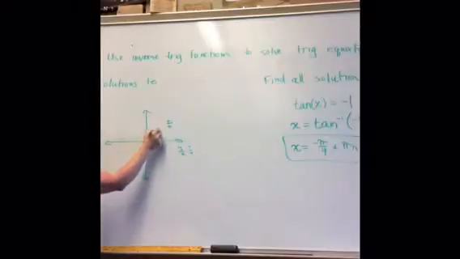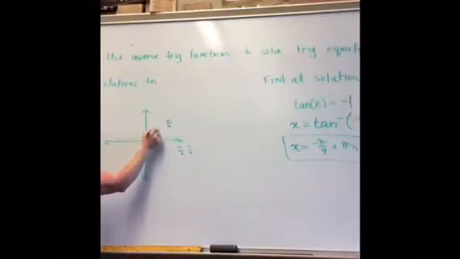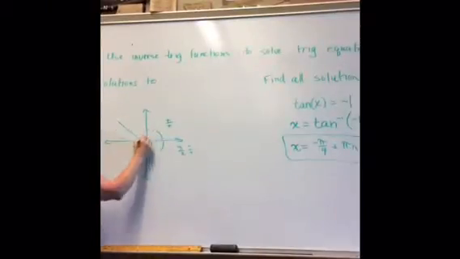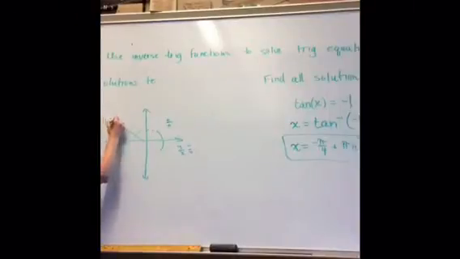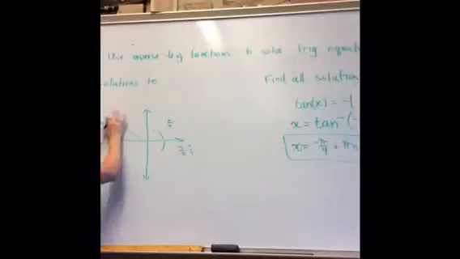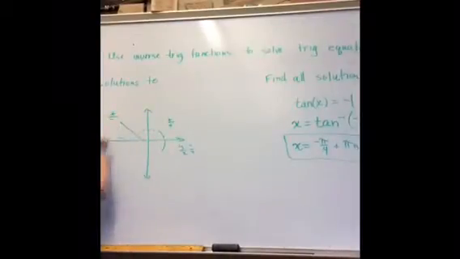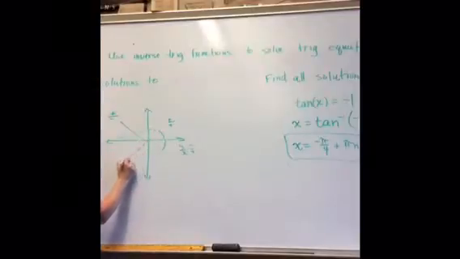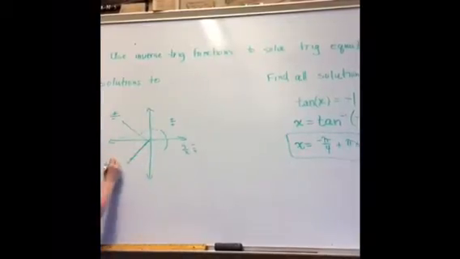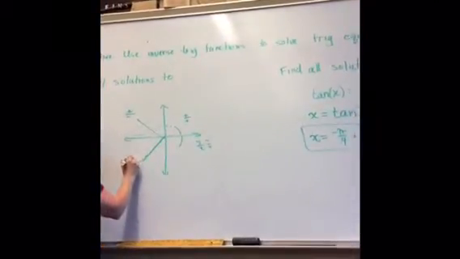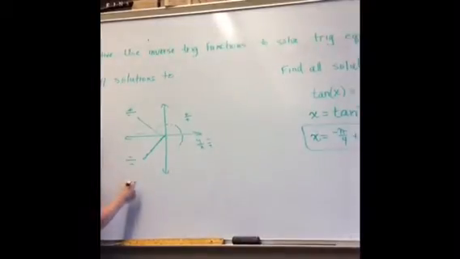And in this quadrant, going over here, the y is positive, so you have a positive divided by a negative. And in this one, you have a negative divided by a negative.